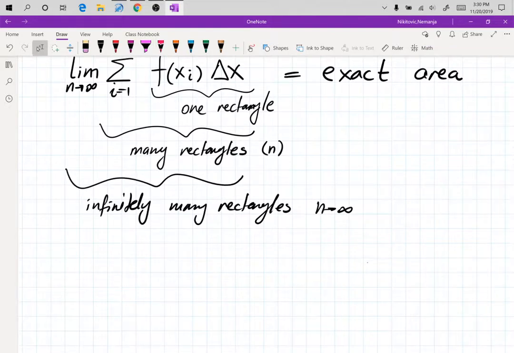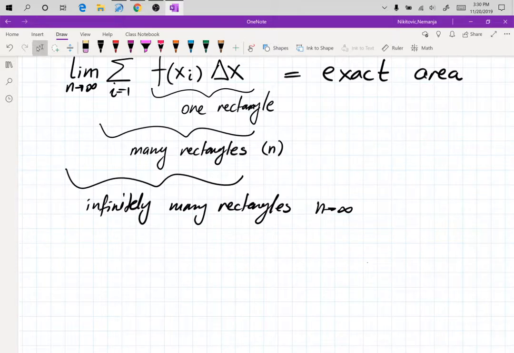So now, this result is called the Riemann sum, and this result calculates area under the curve as long as the function doesn't dip below the x-axis, but we'll deal with that later.